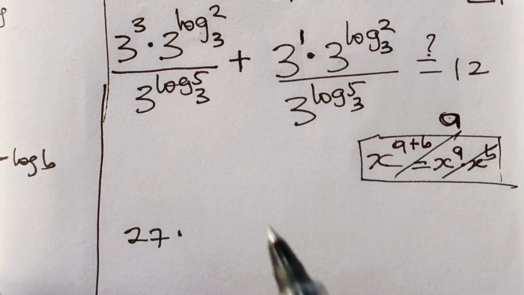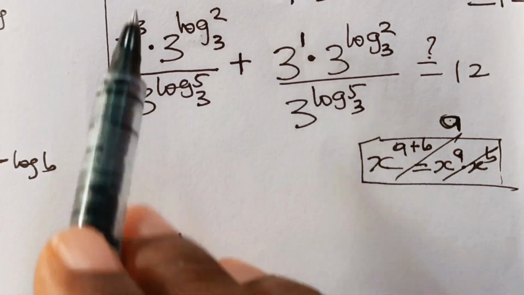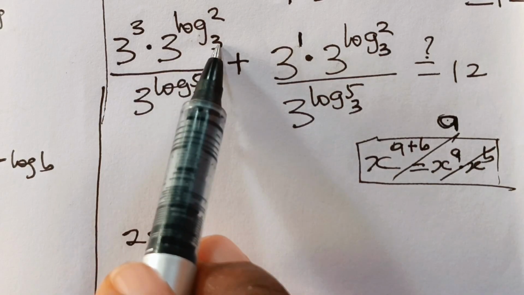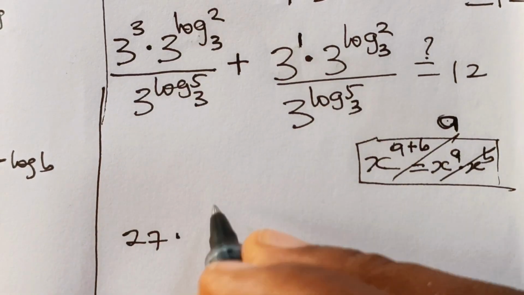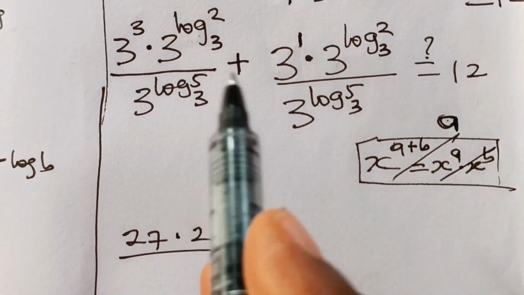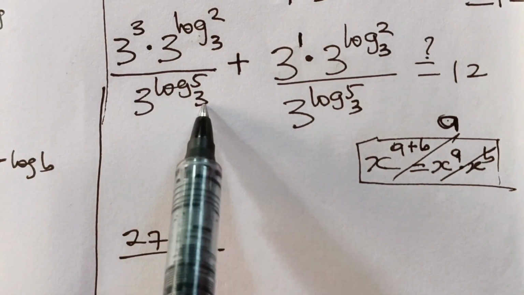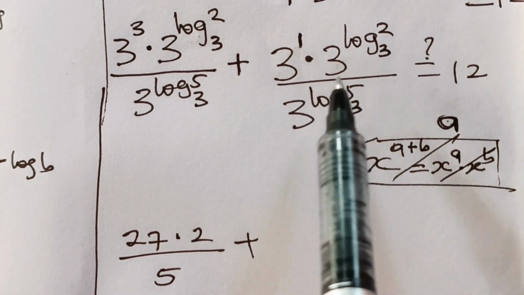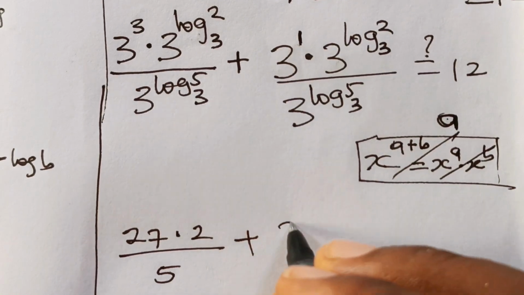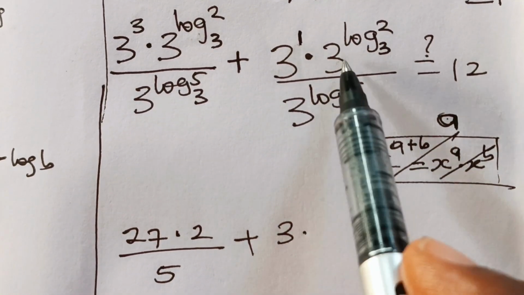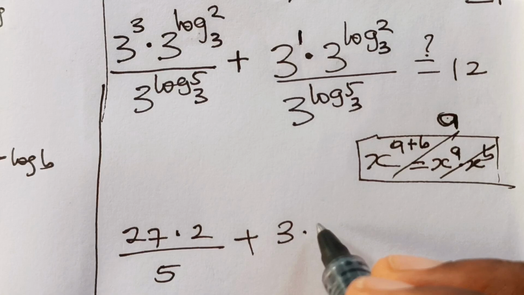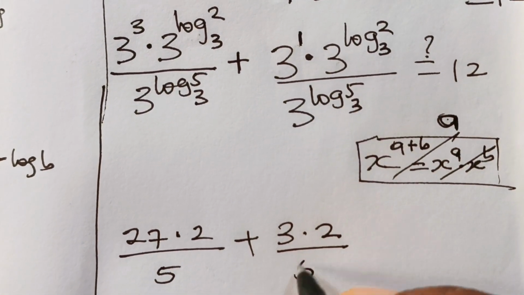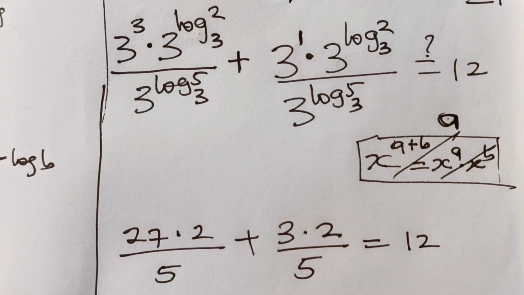So that simply means that we can write this as 3 to the power of 3, which is 27, multiplied by 2, because the base and this are the same, so 2 remains here, divided by 5, since the same thing is happening here, same base, so the only thing remaining is 5. Plus 3 to the power of 1, which is 3, multiplied by the same thing, only 2 will remain here, 2 divided by 5, is equal to 12.